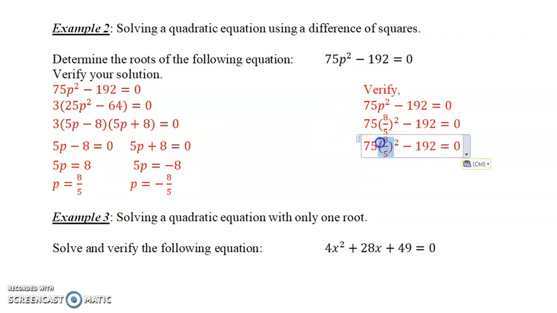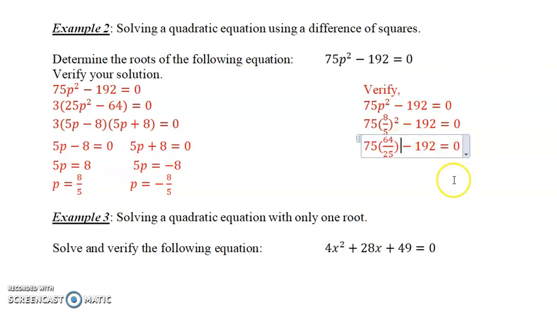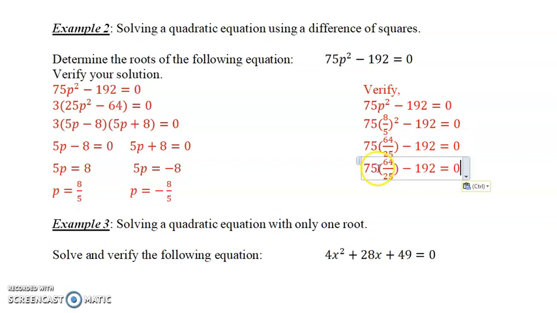So you square the numerator and square the denominator. So 8 squared is 64, and 5 squared is 25. So you end up with 64 divided by 25. Minus 192. So I'll notice that 75 divides by 25. So that'll give you 3, right? So 75 divides by 25 gives you 3 here.